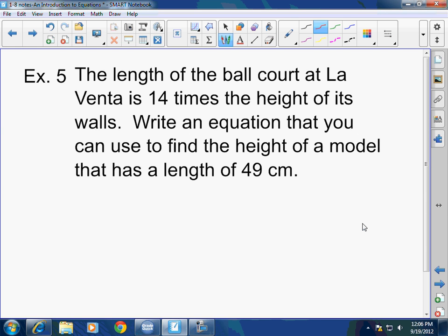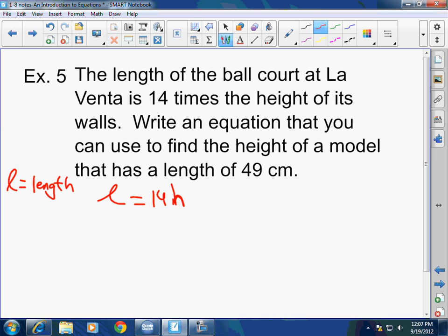Fantastic. Great start. Okay, he said that L is 14, what did you call it? N? Okay, you got it. Now, okay, H? Okay, instead. Now, this is all great. What are we missing, though? What does L mean? Length.